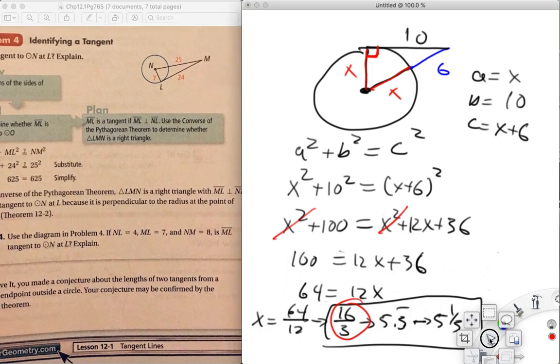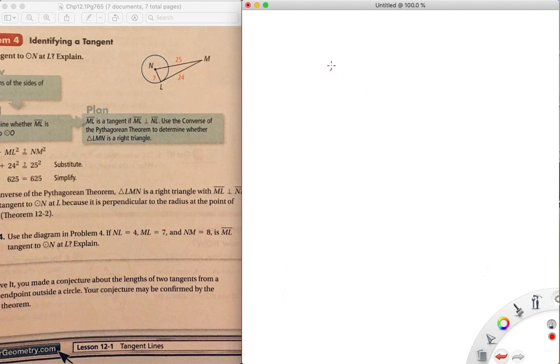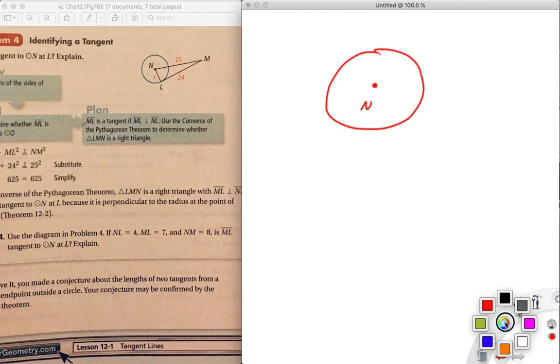Okay. So it says that we have a diagram. We have circle N. Thank goodness, not a circle O. We have NL, so it'll look like this. It is 4. ML is 8.